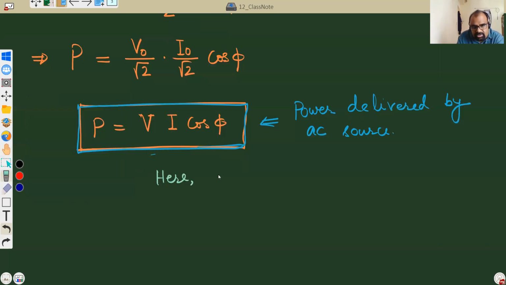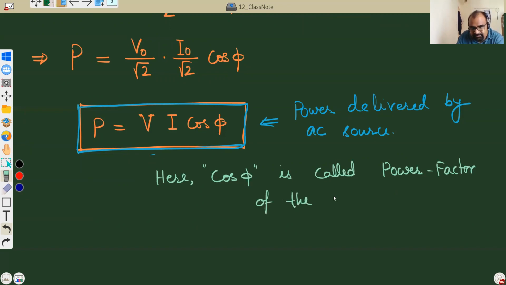Here, this cos phi quantity is called power factor of the circuit. Okay, cos phi is called power factor of the circuit. Fine.